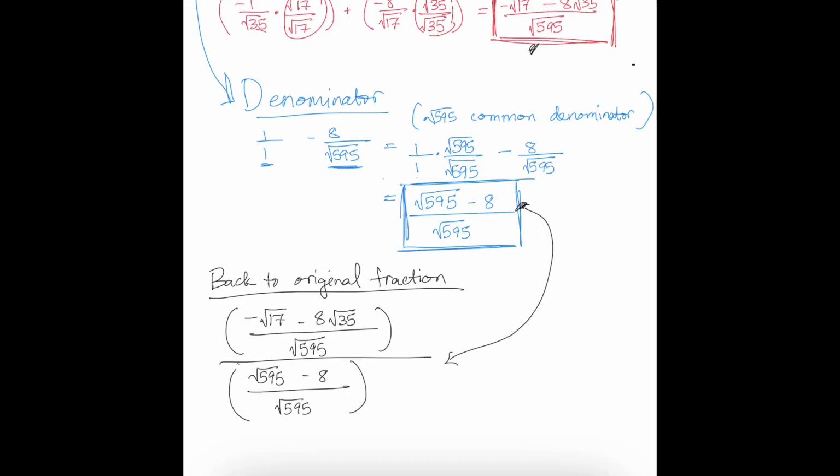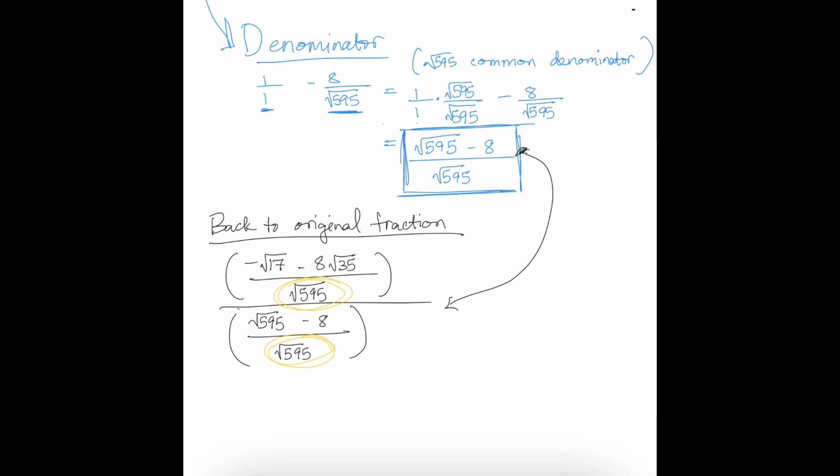So it still looks pretty ugly, but there's one thing that should pop out at you, and that is that both of these terms have the same denominator now. And that's actually going to work out really nice for us when we do the next step, which is to multiply by the reciprocal. So remember, we're dividing fractions, and so we need to multiply by the reciprocal.